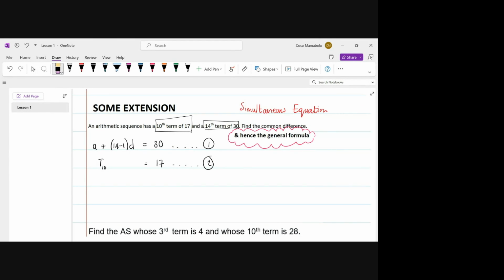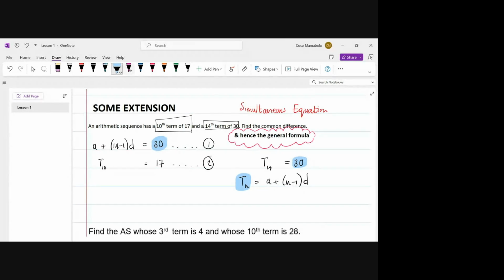All right, so if I wrote here, T14 is equal to 30. I know that normally I would have Tn is equal to A plus n minus 1 D, right? Now, because this answer is 30, I could take the whole of Tn and I can replace it with 30. That's where I've written the 30 on this side.